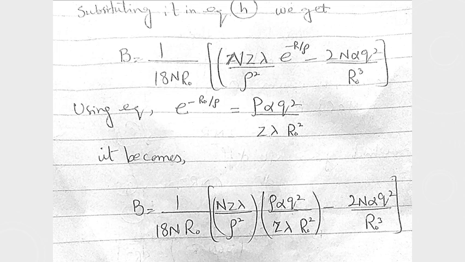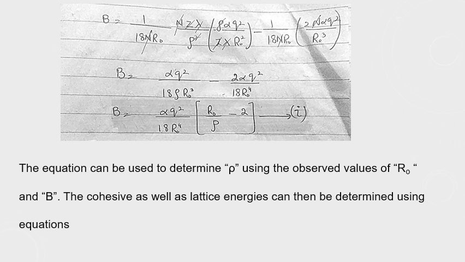Substituting this, we get the equation of bulk modulus B is equal to 1 over 18 n r naught into n z lambda over rho square into exponential minus r over rho minus 2n alpha q square over r naught cube. Using the equation exponential minus r naught over rho is equal to rho alpha q square over z lambda r naught square, which becomes the below equation. By solving, we get equation I.